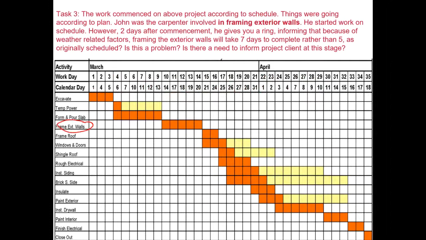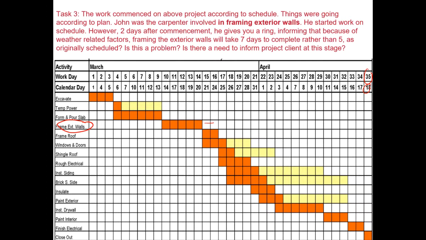So this is the particular activity, framing of exterior walls. Will you be concerned if this activity gets delayed by 2 weeks, 2 days, sorry? Yes, so this is obviously a critical activity with no float available. So it is very important if you have an agreement with the owners to get the project delivered by 18th of April or within 35 days.